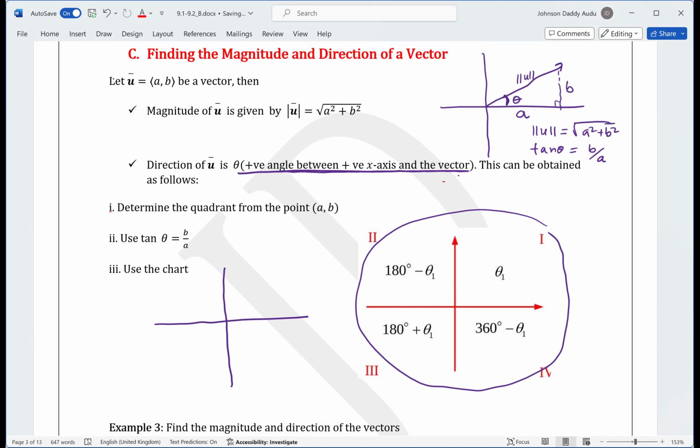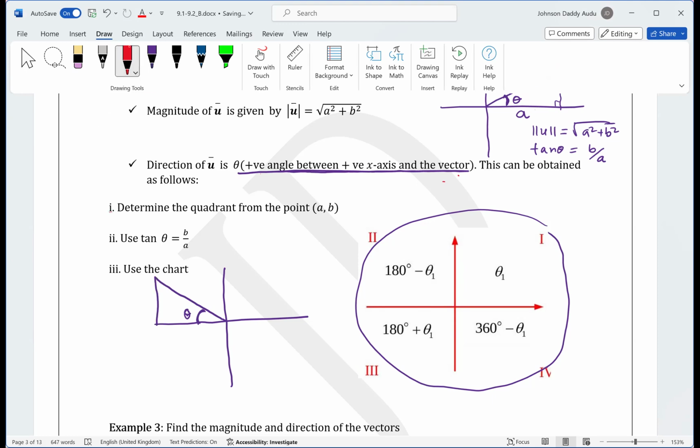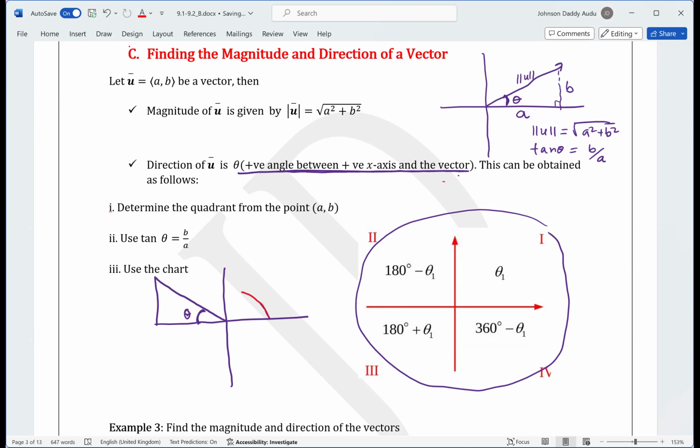Let's assume now we are in the second quadrant. We can find an angle here, theta, but this theta is actually not the standard angle. It's going to give us the reference angle. If you need the standard angle, you will have to draw from the positive x-axis up to the vector. So this is going to be our direction.